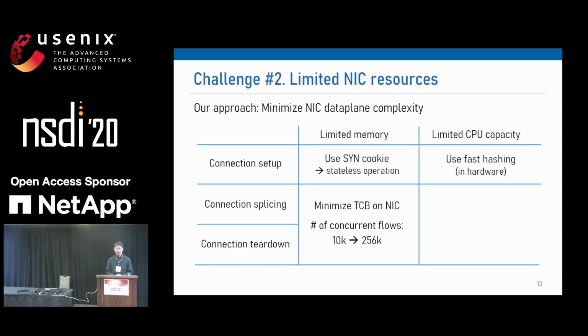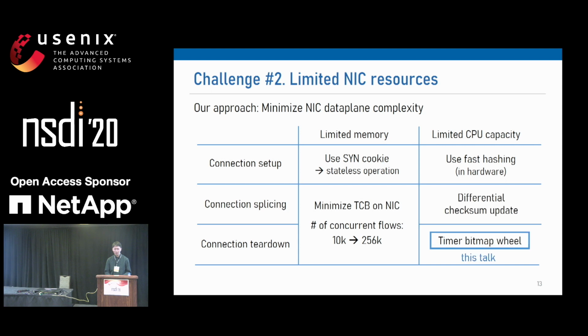And second, connection splicing and teardown. For that, we designed AccelTCP to offload only the minimal TCB required for each operation. So now the NIC can handle 25 times more connections than full stack offload. We also developed several new techniques to use compute capacity more efficiently. And in this talk, I'd like to introduce the timer bitmap wheel approach, which is used for tracking timeouts.